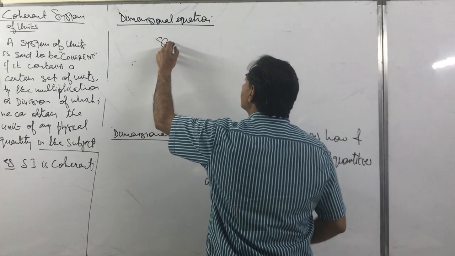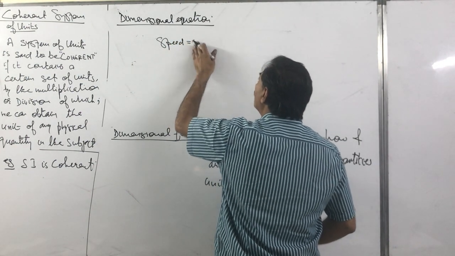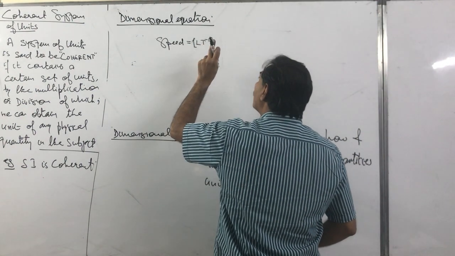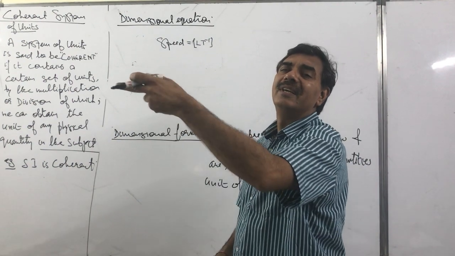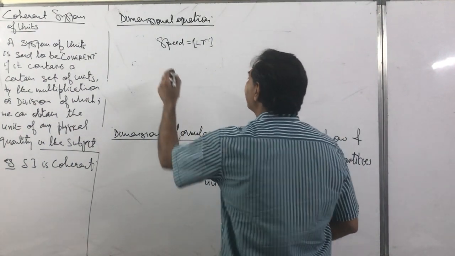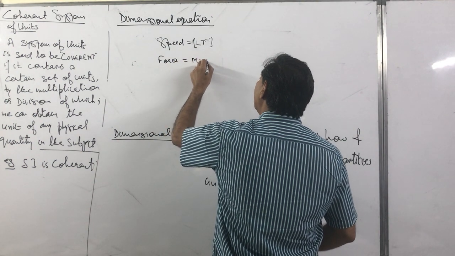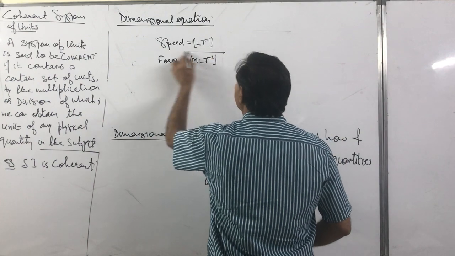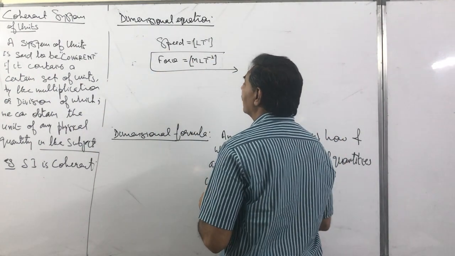When we write that speed is equal to LT minus 1, when we equate the dimensional formula to the physical quantity, it is called a dimensional equation. Force equal to MLT minus 2. This is the dimensional equation. Right?